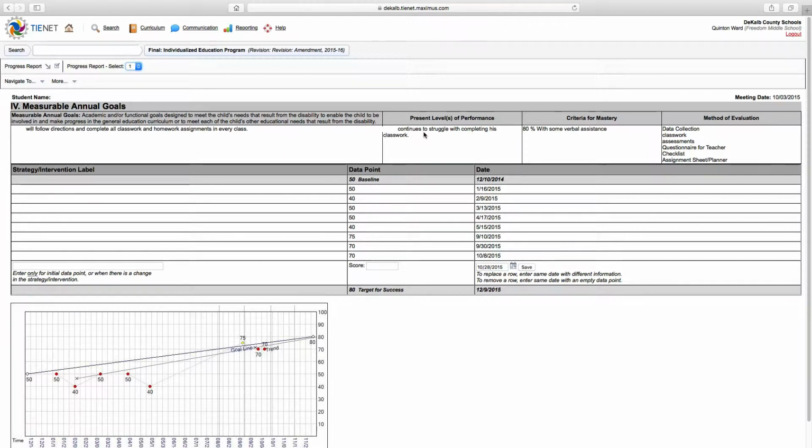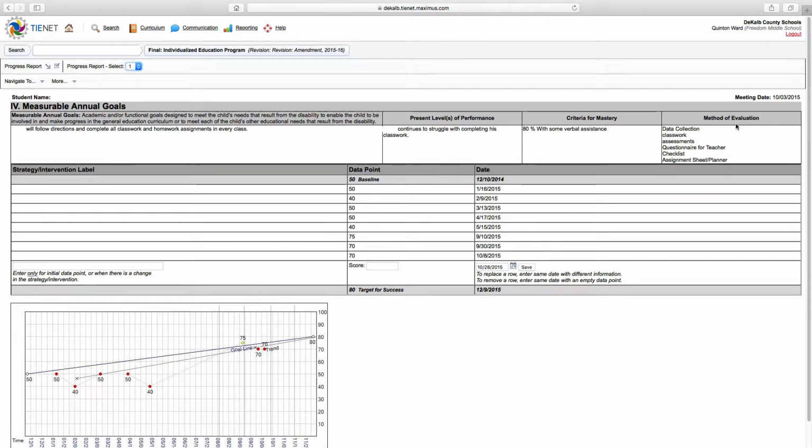It makes a general statement about the student's current level of performance, and then it says what the overall goal will be: 80% with some verbal assistance. So the student, at an 80% performance rate, will follow directions and complete all classwork and homework assignments in every class.